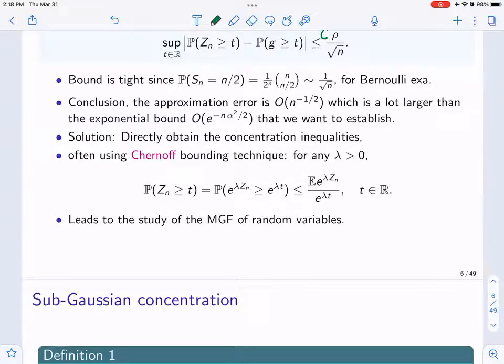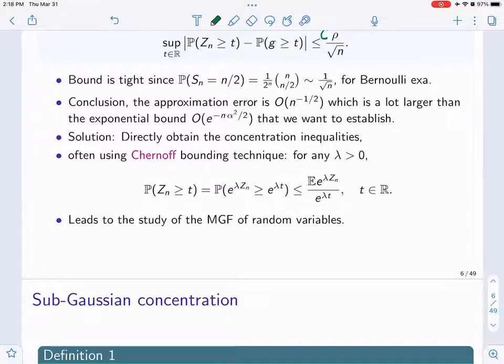Okay. Now, why is this true? What is that inequality? Yes, Markov. So this is a non-negative random variable, always, because of the exponential. So I can apply the Markov.